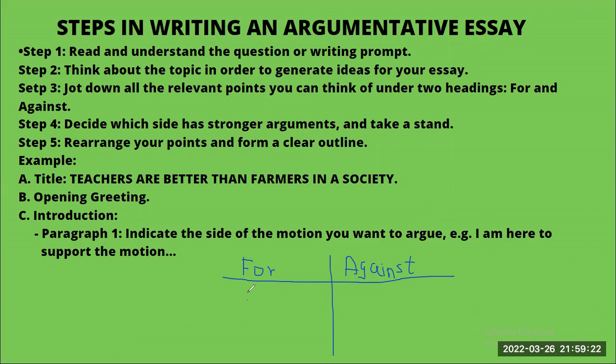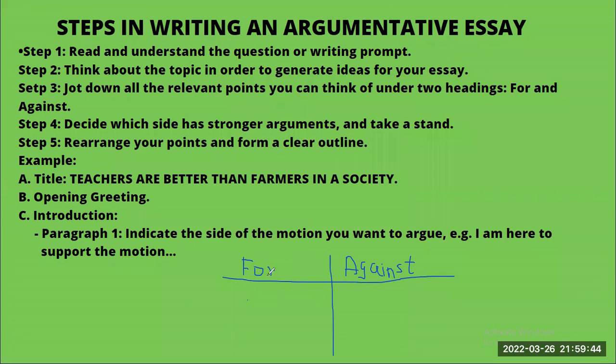You may decide to choose 3 or 4 very cogent points, all right, that are very convincing, that you can discuss convincingly, all right? So that's point number 4, where you decide which side has stronger arguments and take a stand.